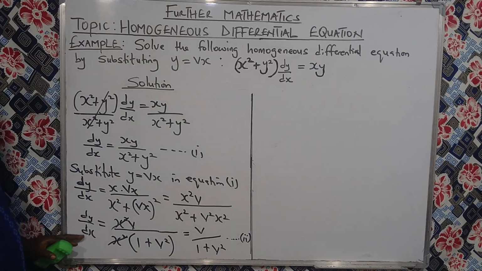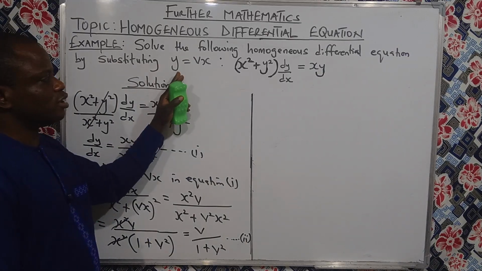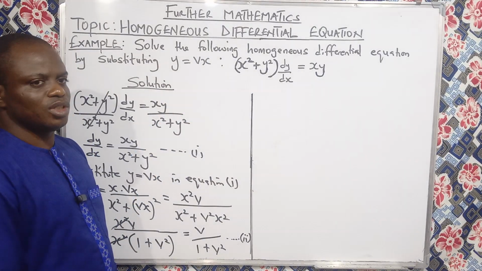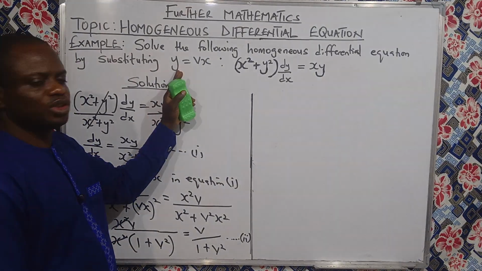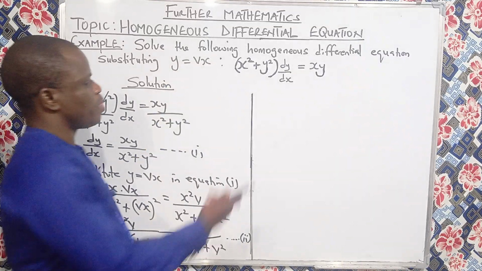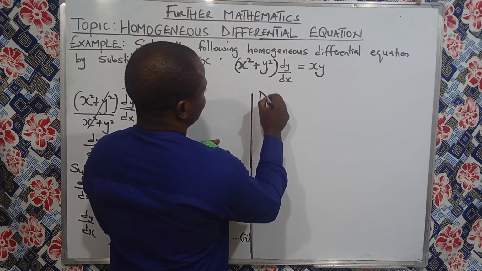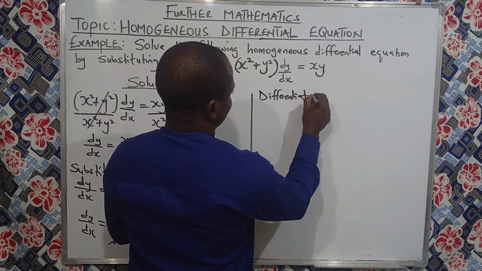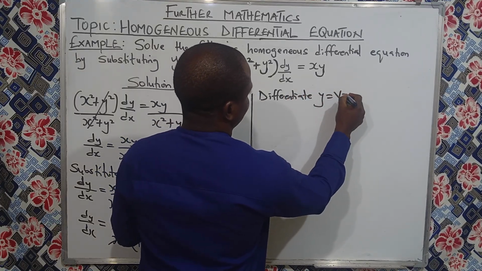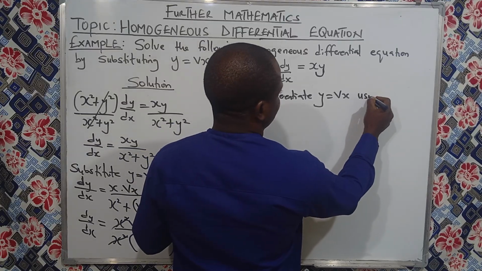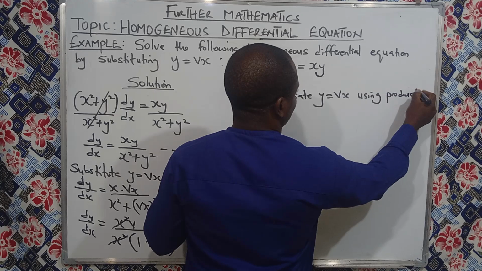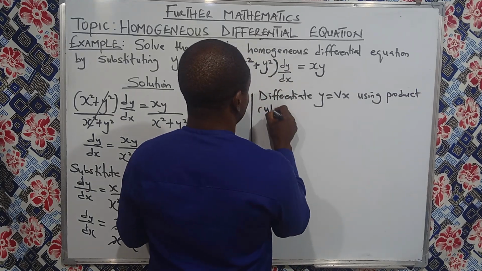For this expression for dy over dx, you now go back to what you are substituting, which is y equals vx. You differentiate it using the product rule. Differentiate y equals vx using product rule.